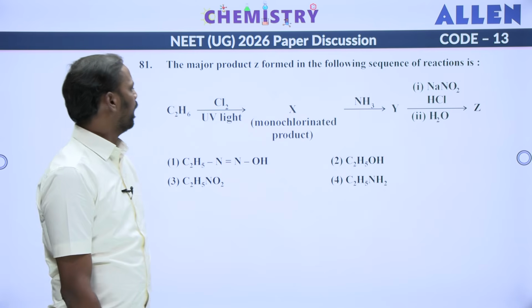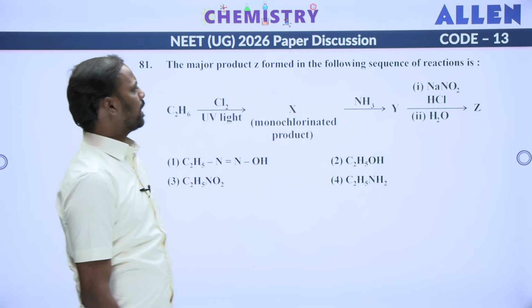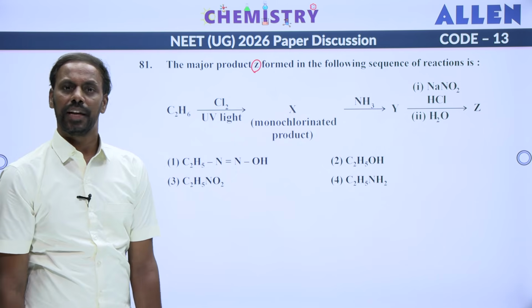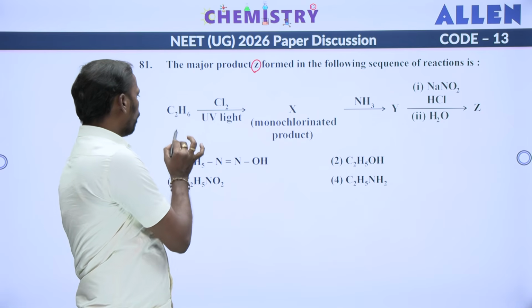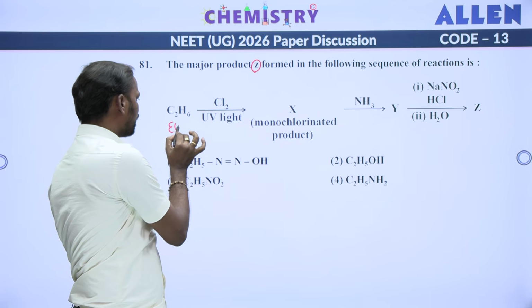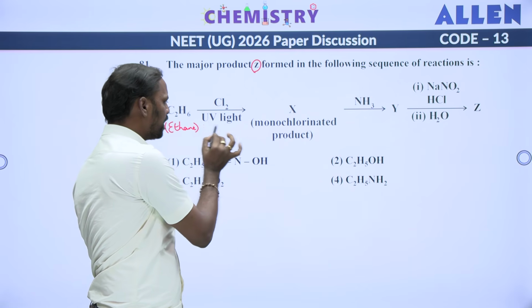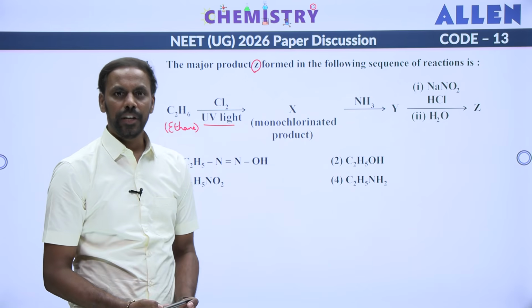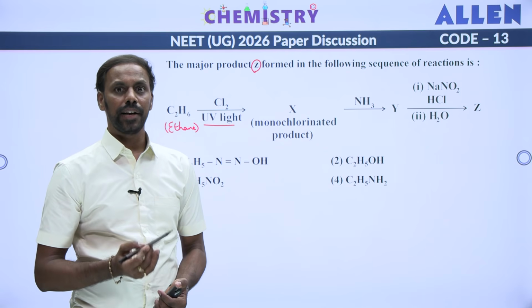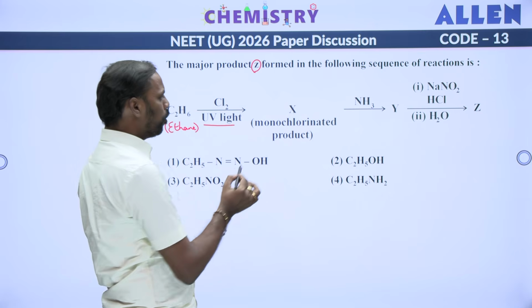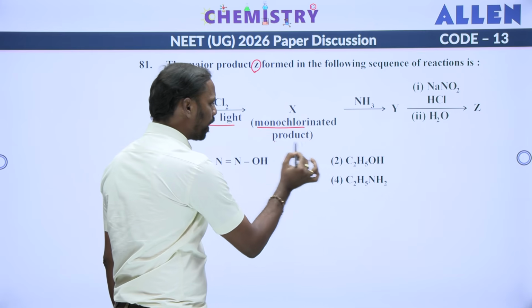Okay. Next, they are asking for the major product Z formed in the following reaction sequence. See what is mentioned here: ethane treated with chlorine in the presence of UV light. As we know, this condition favors a free radical reaction. And they mentioned the monochlorinated product.